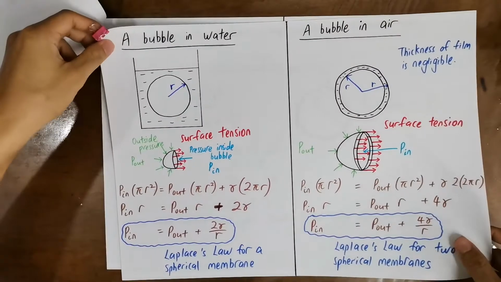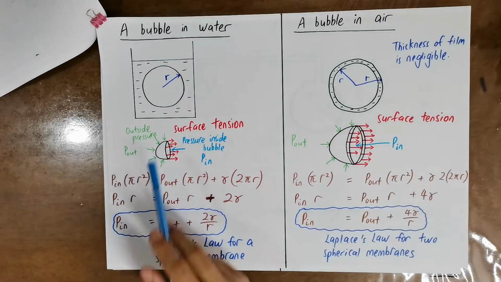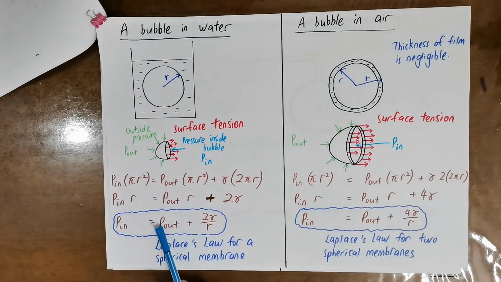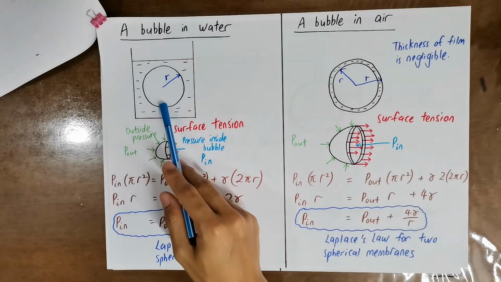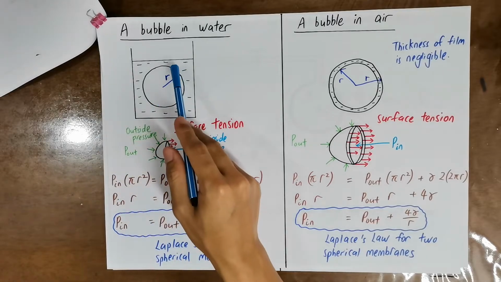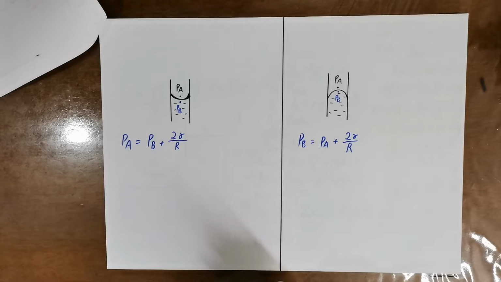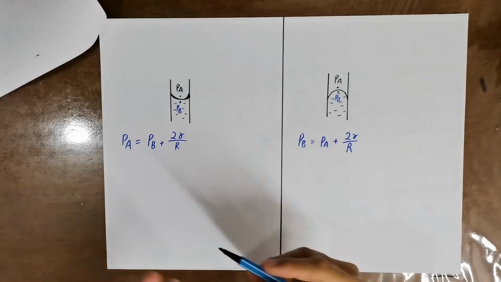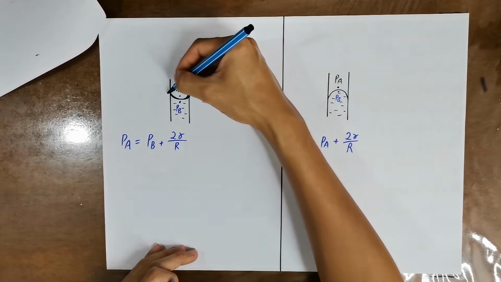Do you still remember that when you only have one interface, the pressure inside the bubble will be greater than the pressure outside the bubble by 2 gamma over r? The pressure inside the circle is always greater than the pressure outside the circle. For example, let's take a look at this. Now you draw a circle like this.